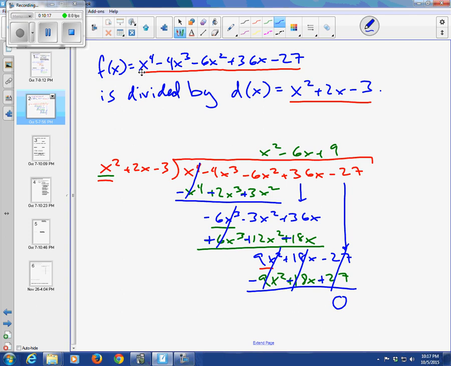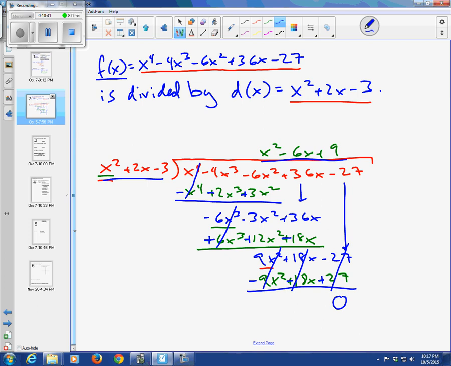This means that our x squared plus 2x minus 3, excuse me, guys, is a factor of our f of x, right? So basically this quadratic is a multiplication of two linear factors that are also linear factors of f of x. And what we're left with is the quadratic right here.